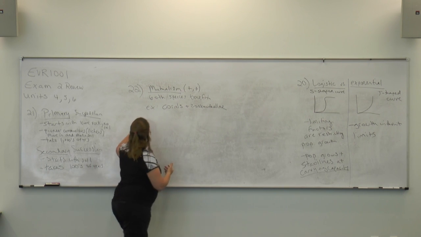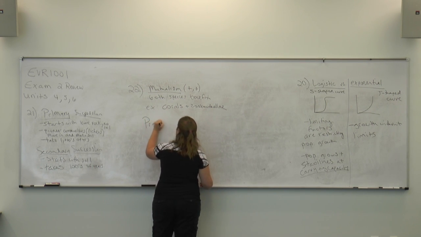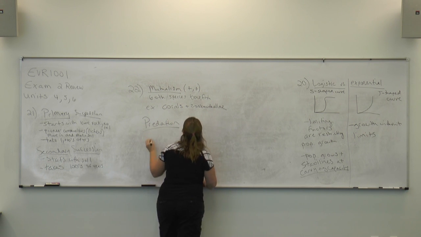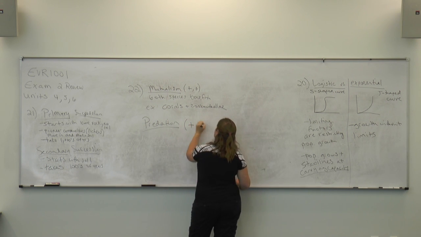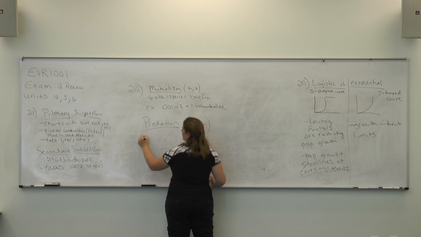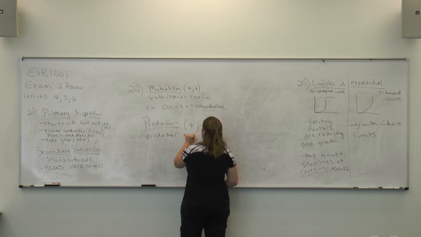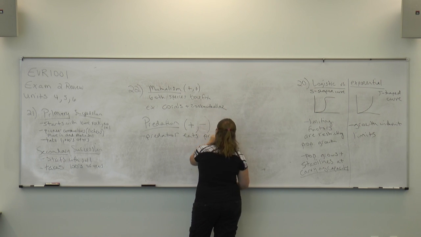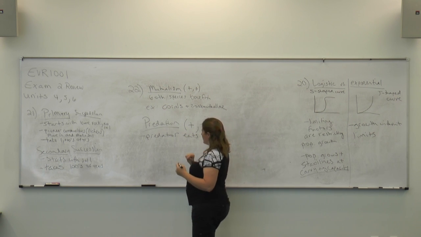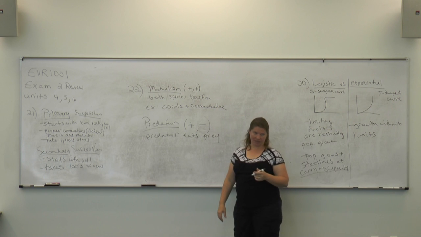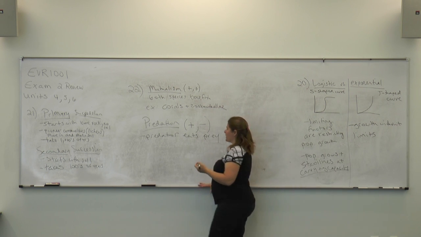So let's put up predation. Okay? Predation, right? One benefits, the other is harmed. Okay? Predator eats prey. Predator obviously benefits, it gets food, prey is dead. Got eaten. Okay? What's an example of that?